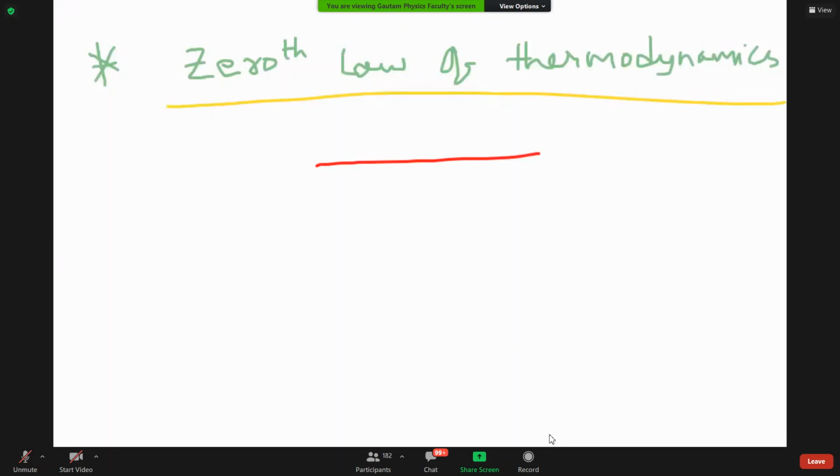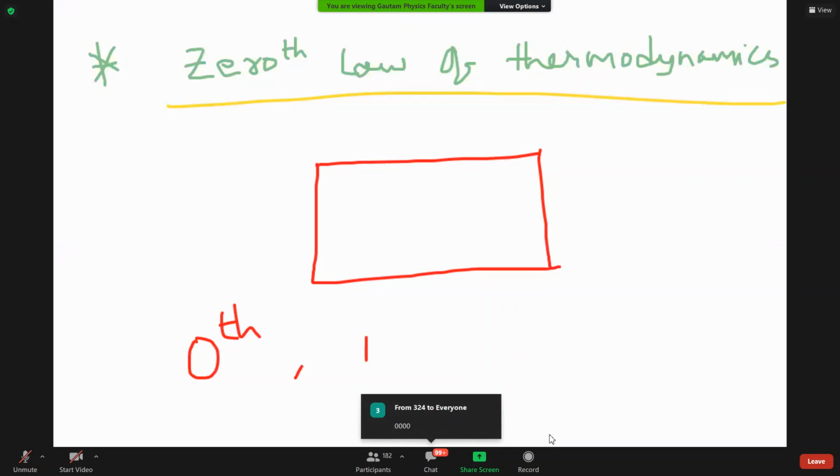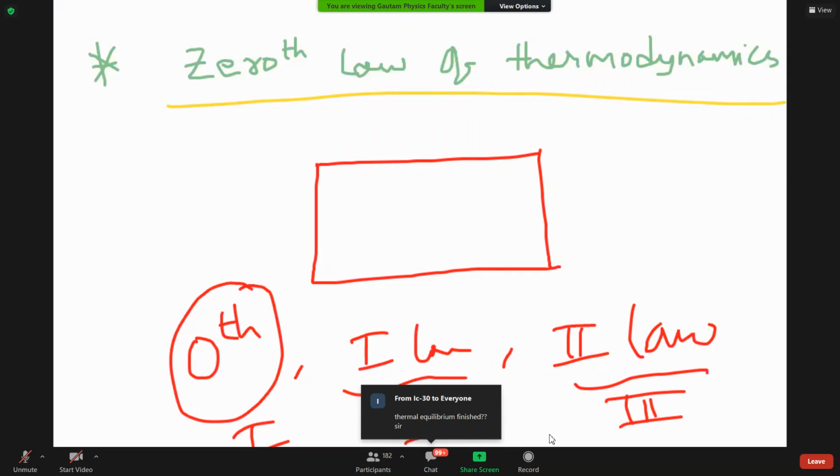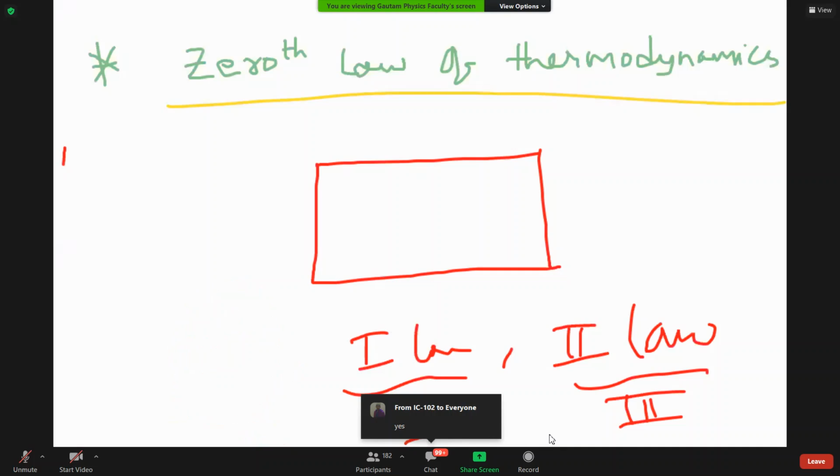Why do they call it the zeroth law? We have the first law, second law and so on. Instead, they could have called this the first, this the second, this the third. But before this basic information was discovered, one scientist gave one law, which was called the first law.